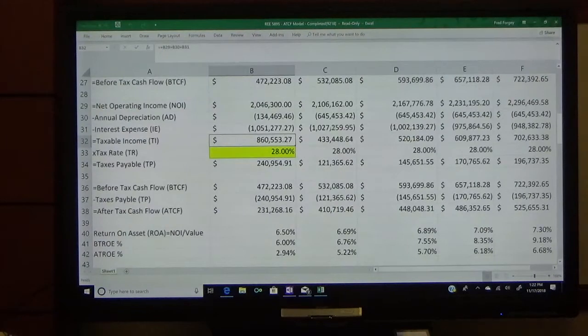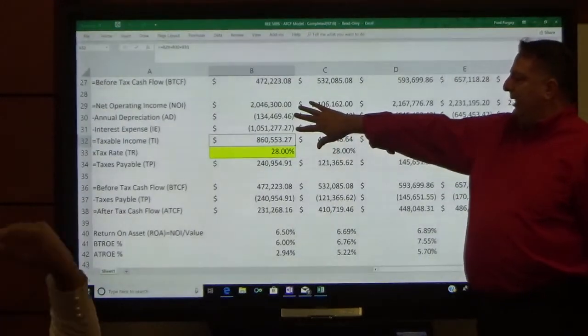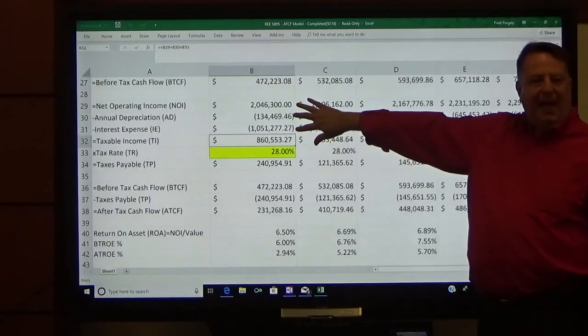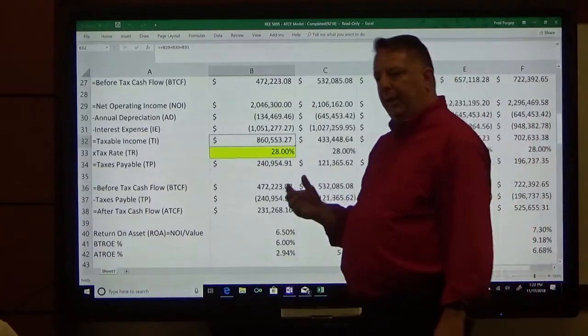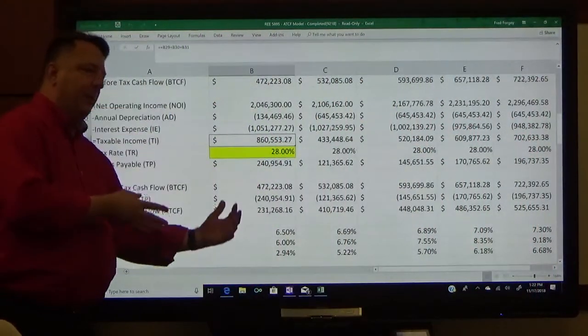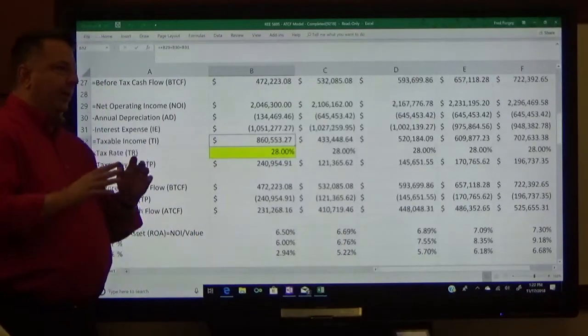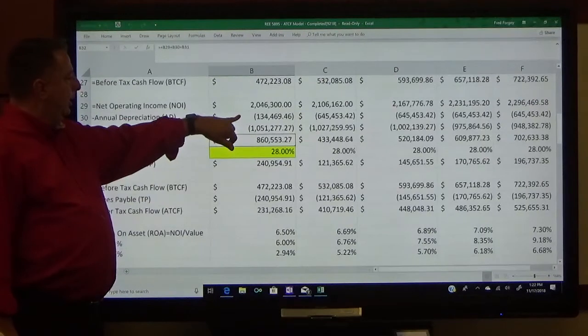This set of calculations, neither one of these are cash expenditures, okay? They are, in essence, embodiments of the tax law saying, here is the amount that you get to write off for this year.